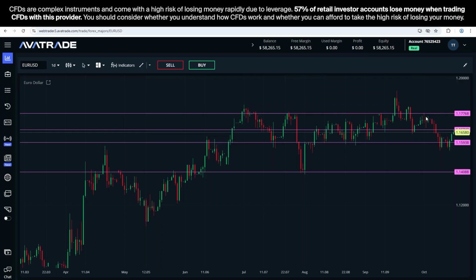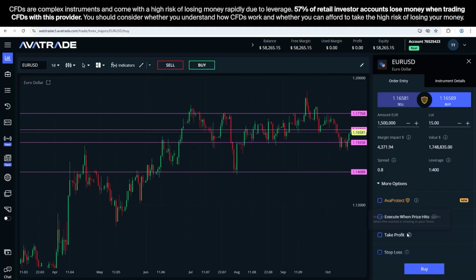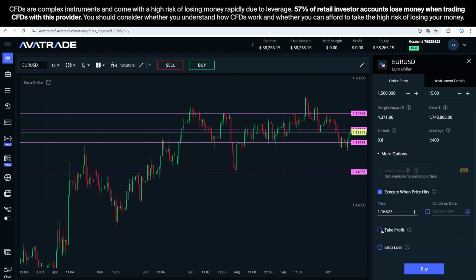And that's probably the first resistance level right there. So a breakthrough of this, the pending order triggers and goes up. That's one way to handle a potential trade on Euro USD. So if I was going to do it that way, then I would say execute when price hits. Take profit at the first resistance would be 117.76, let's say.